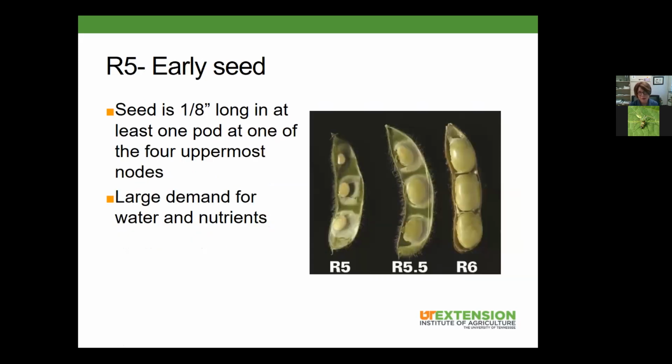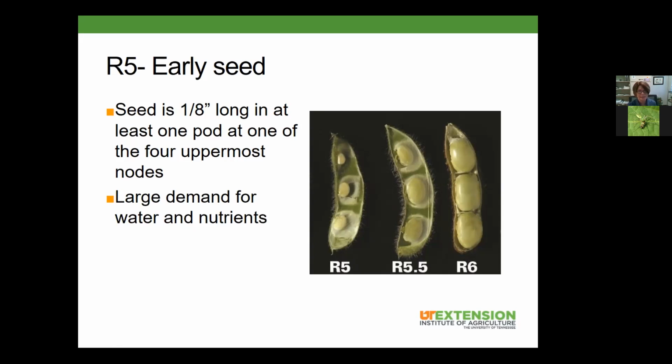The next stage is R5, and this is early seed, and you can see the differences here in the picture. At R5, or early seed development, you've got about 1/8 inch long seeds. You can see, or feel, the little shapes in those pods, and you can see the difference early on compared to mid seed fill, and then R6, which would be full seed, the next step.